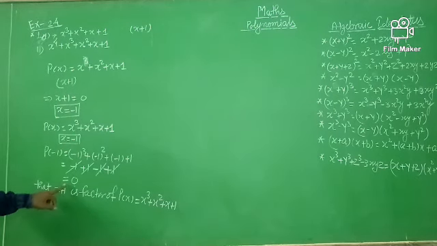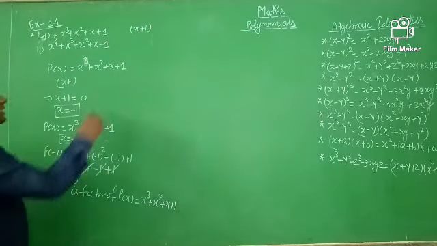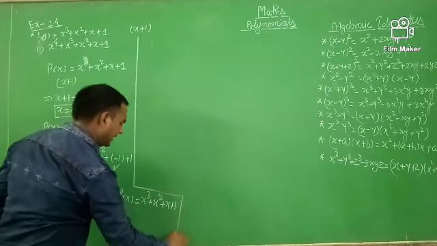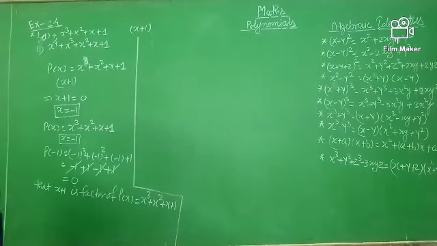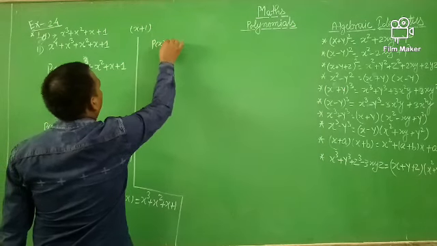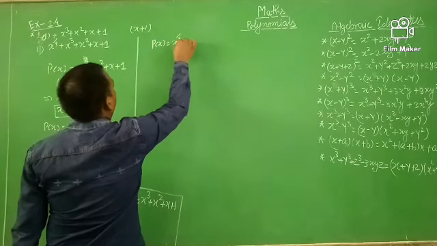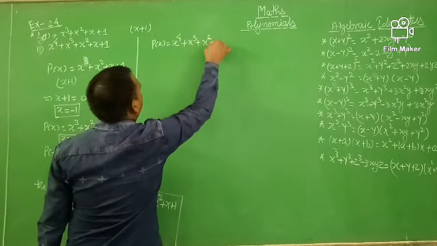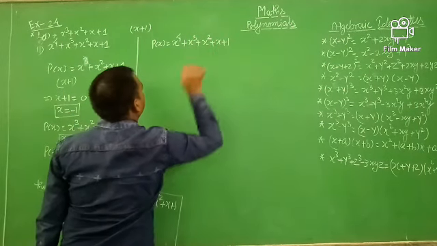We take another example for showing that x plus 1 is not a factor of the given polynomial. So I take the example p(x) is equal to x to the power 4 plus x cube plus x square plus x plus 1.